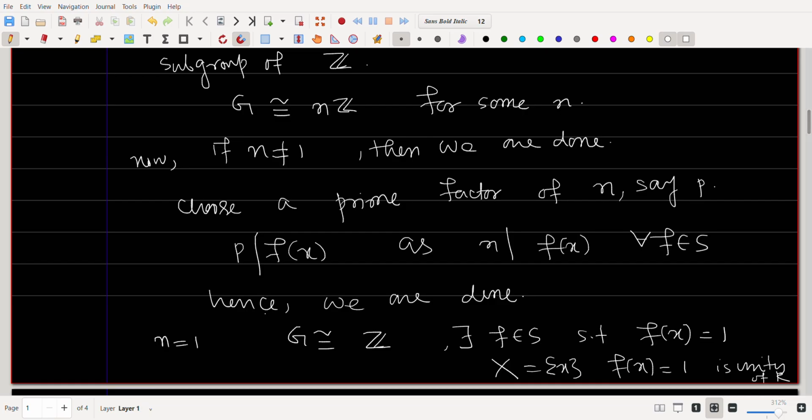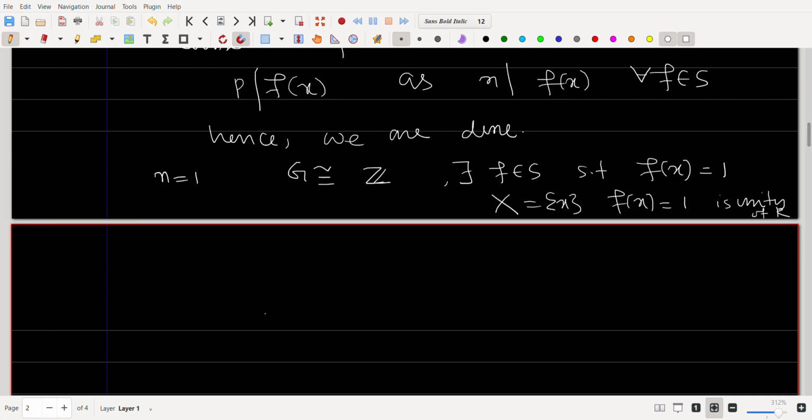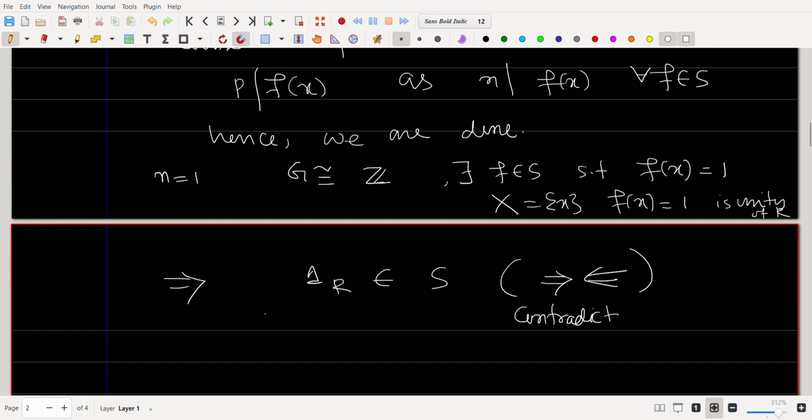So that gives a contradiction. This implies unity of R belongs to S, which is a contradiction to our assumption. So if X is a singleton, then we are done.